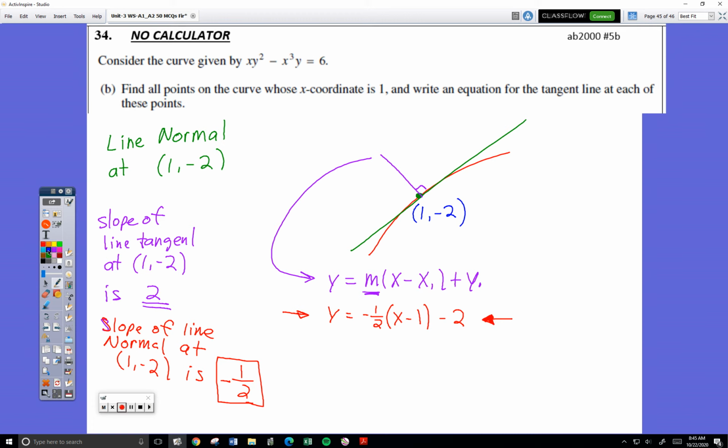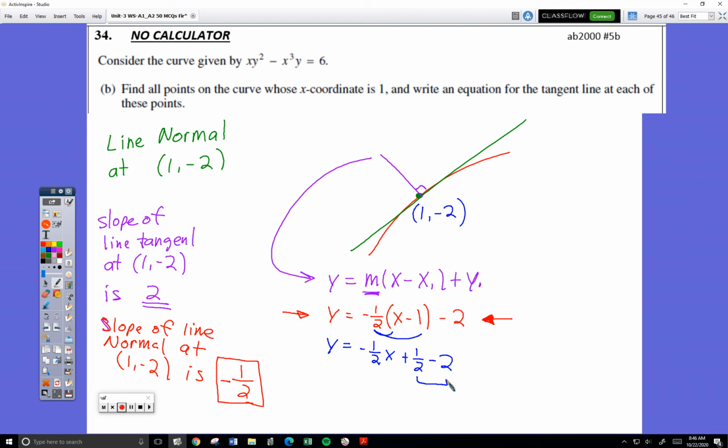Distribute the slope. So y equals, this distributes, so that'd be negative 1/2 x. Negative times negative is positive, so that's plus 1/2. Then subtract 2. They would then combine these two.